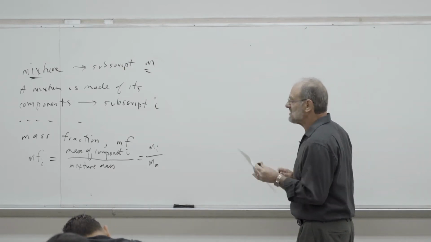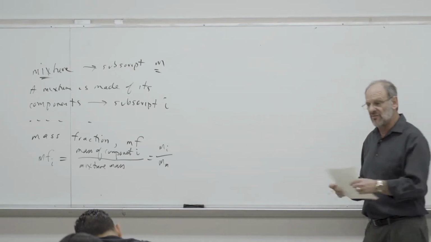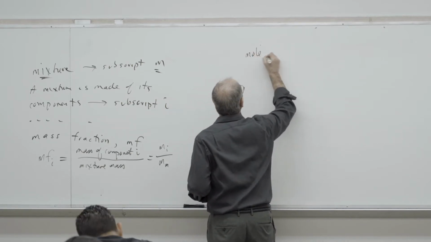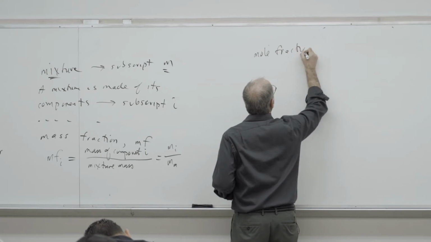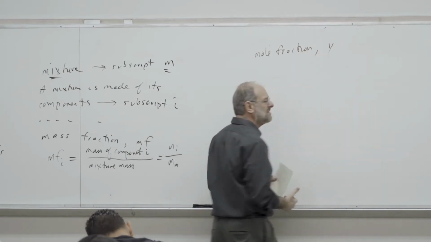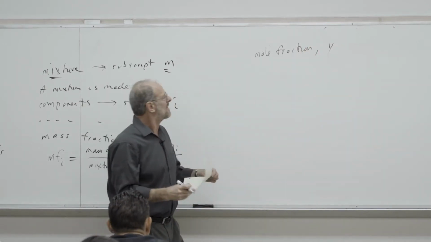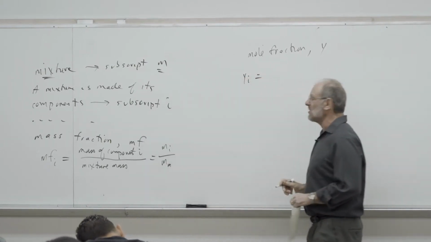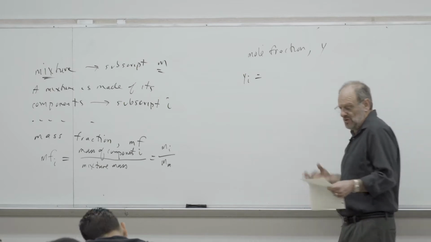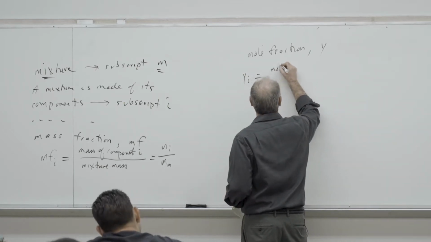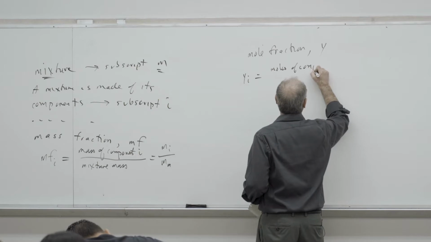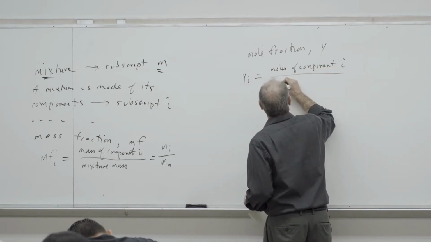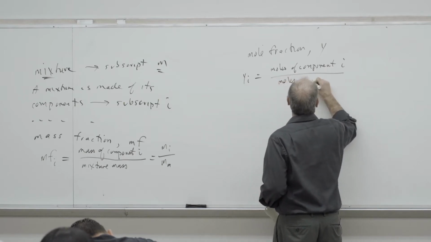Right, so mass fractions are something that we're going to be calculating for our different processes or for our different mixtures. But we also have mole fractions. And the mole fraction just uses the letter Y. So if we have a particular component, let's call it component I, then the mole fraction of that component is really just the number of moles of component I divided by the number of moles of the mixture.